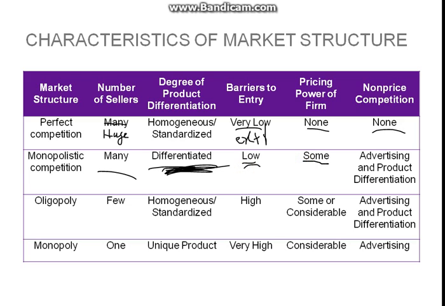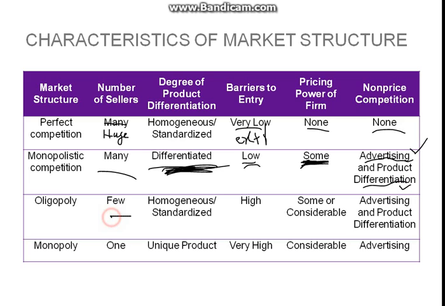Pricing power: they have some power over price, but not extreme power. They can change the price by 1%, 2%, or 0.5%, but they cannot change it by 3% or 5% at once. For non-price competition, they have huge expenses. They spend much money on advertising and product differentiation, and through advertising they differentiate their product.